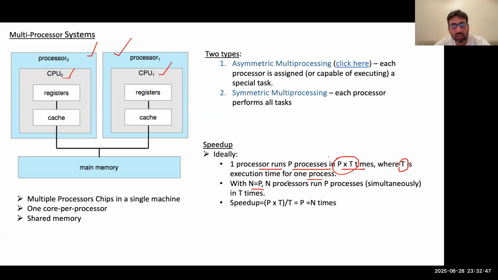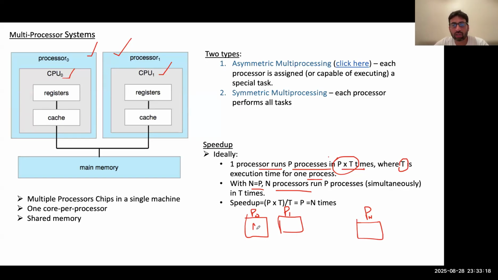So if that is the case, then the n processors can run p processes simultaneously in t time. What I'm saying is, let's say I have processors P0, P1, and Pn, and let's say I have n applications.